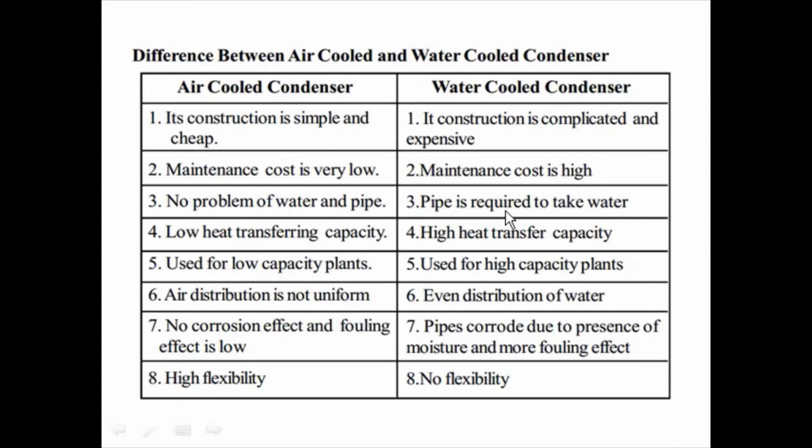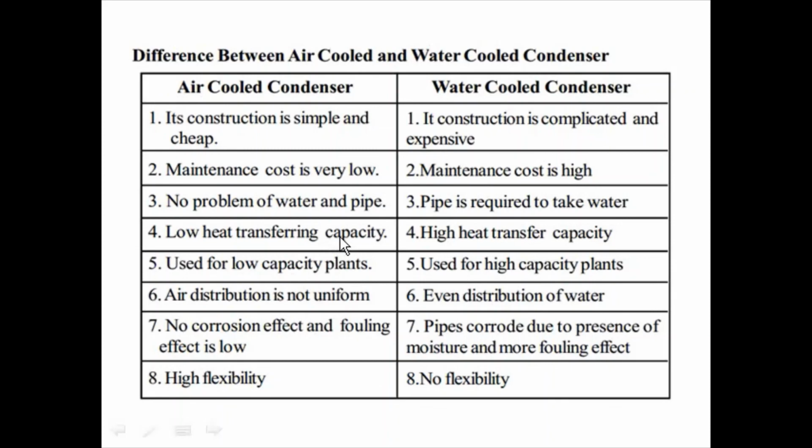Also, a pipe is required to take water. You know that the transportation medium of liquid or water is a pipe. So for the water-cooled condenser, we need the pipe to take away the water. Number 4, low heat transferring capacity.